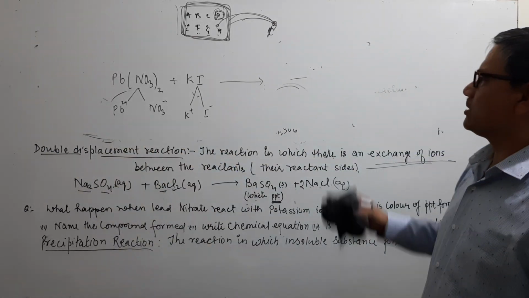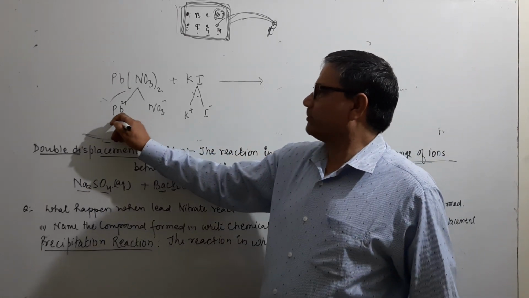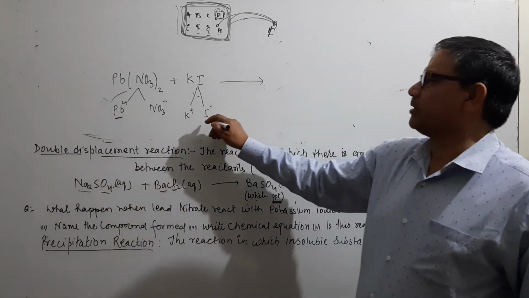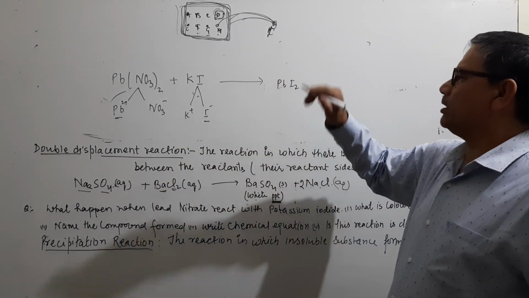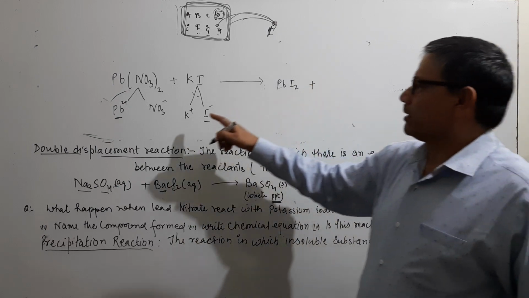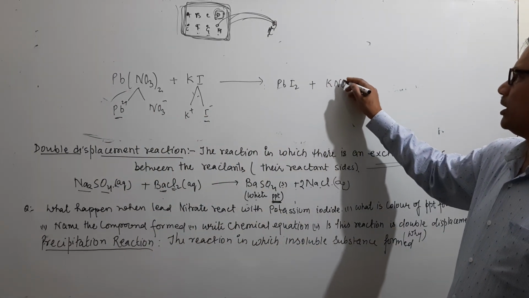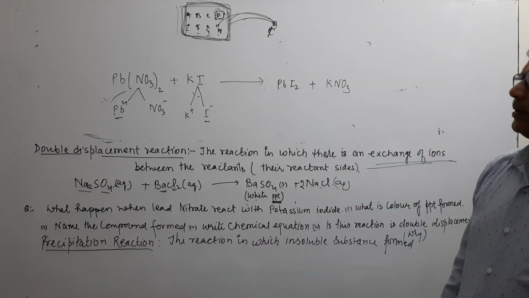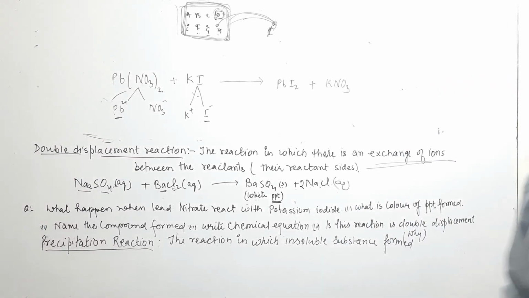Yes or no? Yes. What will be the reaction? Complete it. Pb will combine with what? With I. So PbI2, and K combined with NO3, KNO3. I think you have done this reaction and you have to identify it yourself.